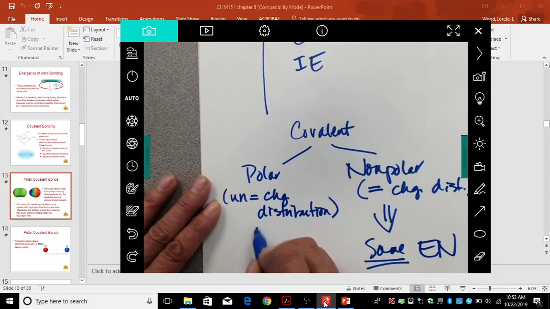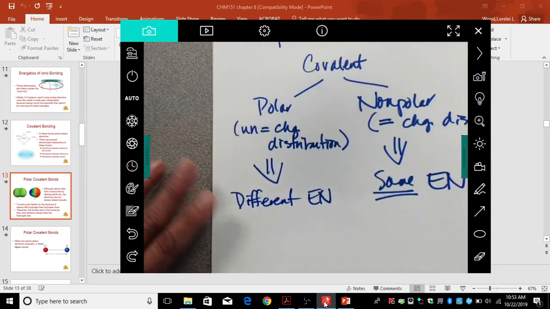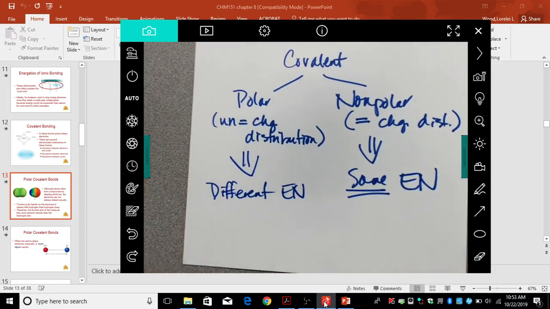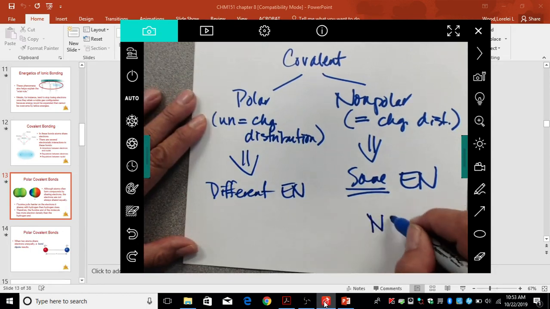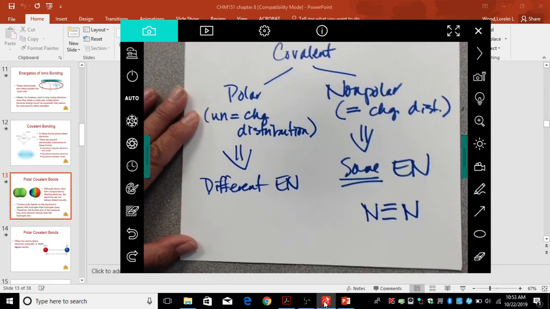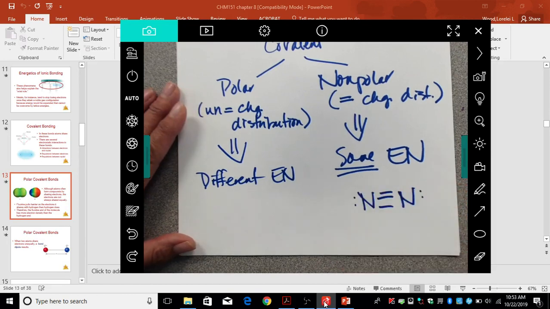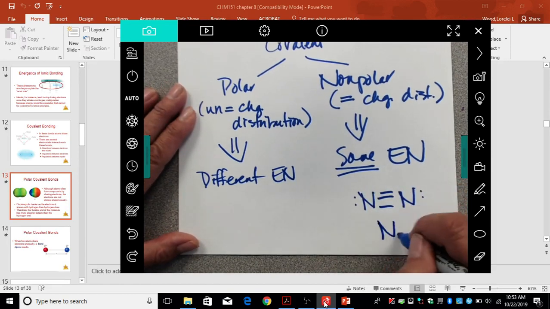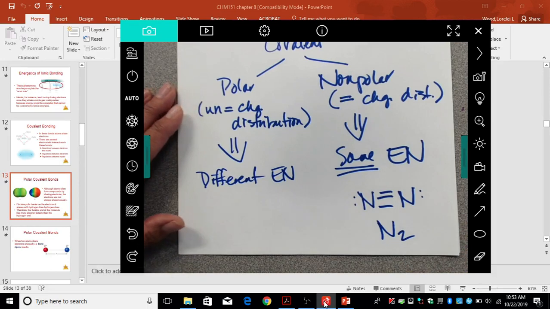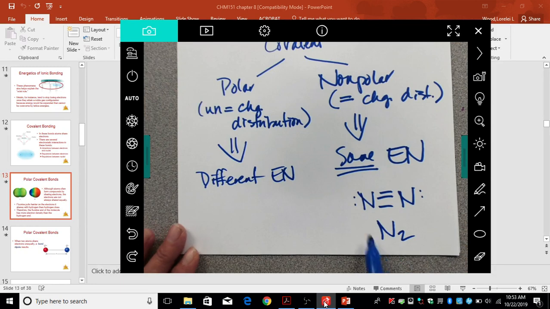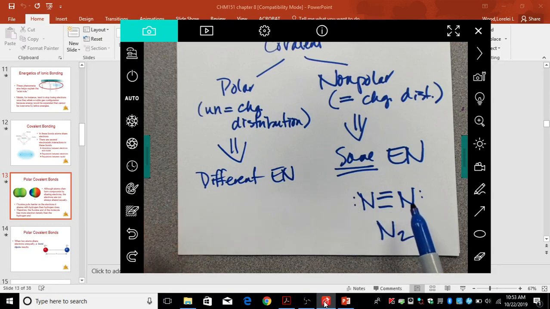If they're polar, they're going to have very different electronegativity. So, for example, if you've got 2 elements that are hooked together that are the exact same thing, like when we get to molecular geometry next week, we'll see that the N2 molecule has a triple bond between it. Nitrogen and nitrogen has the exact same electronegativity, so they're not going to be sharing those electrons between them very unequal. They're going to be sharing them very equally because they both have the same pull.